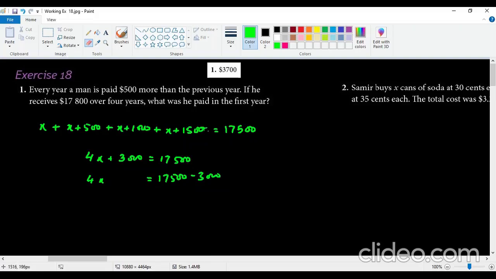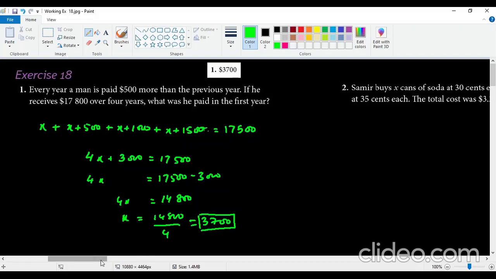So that gives us 14,800, which equals 4x. When 14,800 is divided by 4, it gives us 3,700, which was the initial amount paid in the very first year.